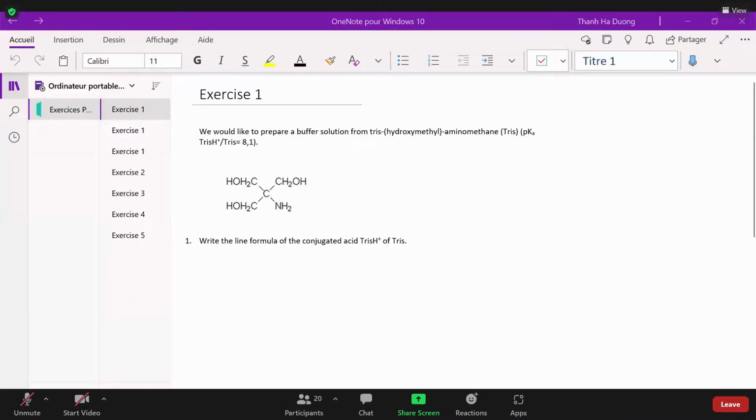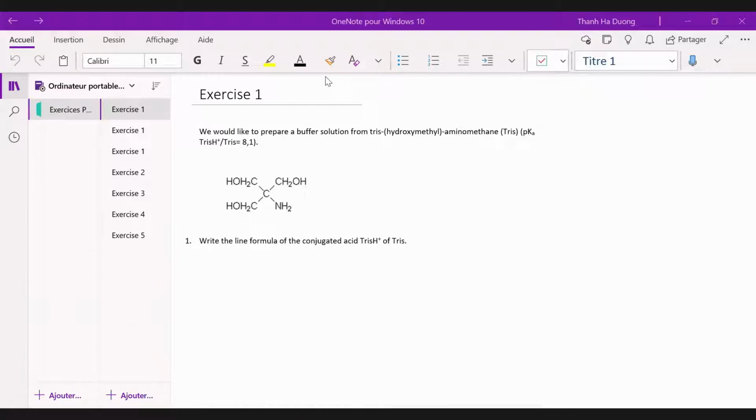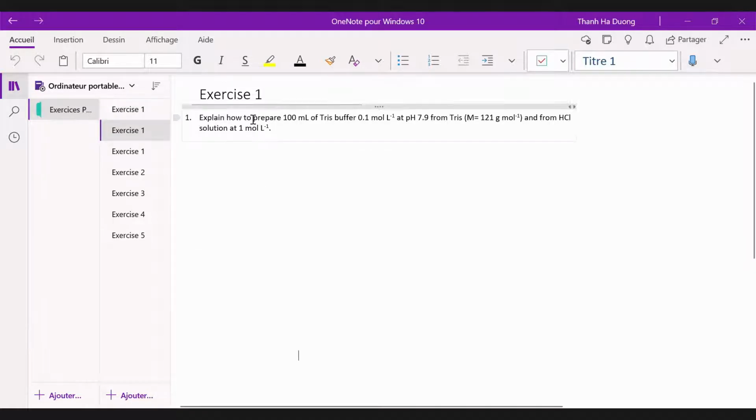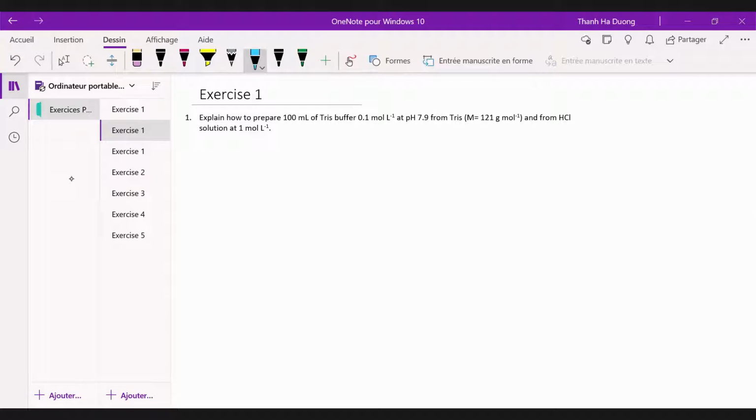Okay, you can see my screen, it's okay? Yes. Okay, so this I already wrote in the slide. So how to prepare 100 milliliters of Tris buffer.